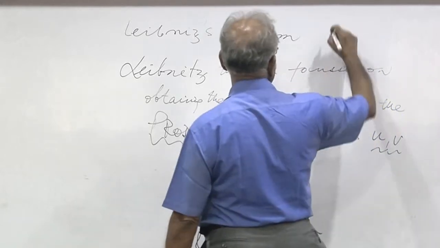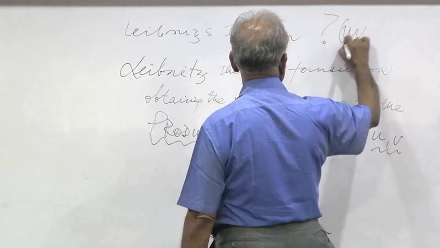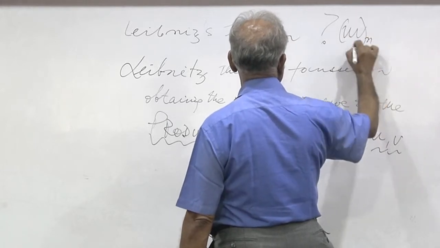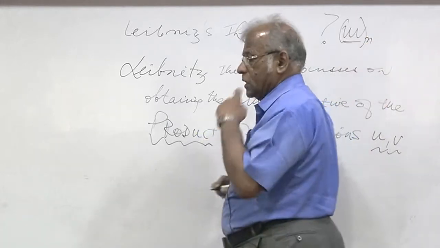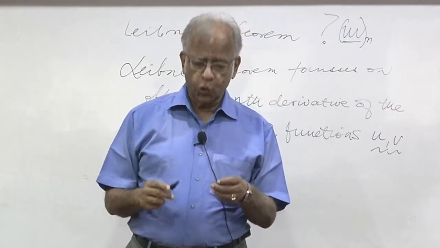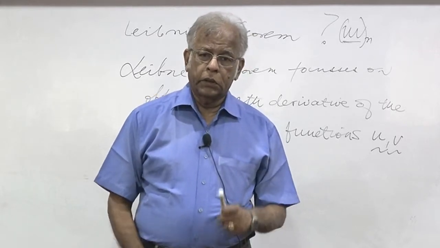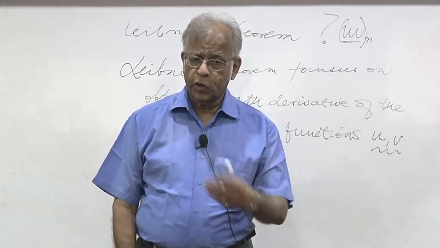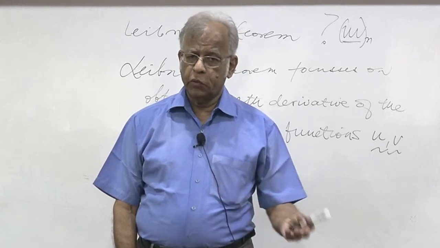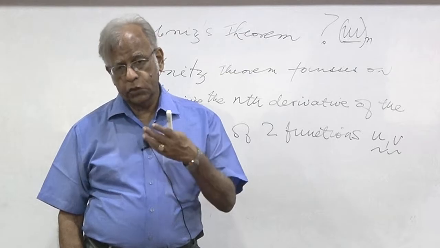In other words, we try to answer this question, what is (uv) sub n? That means the nth derivative of the product of two given functions designated as u and v. So we will write down the theorem, make a few remarks, and then proceed with some problems so that the concept is driven home and it is well understood.